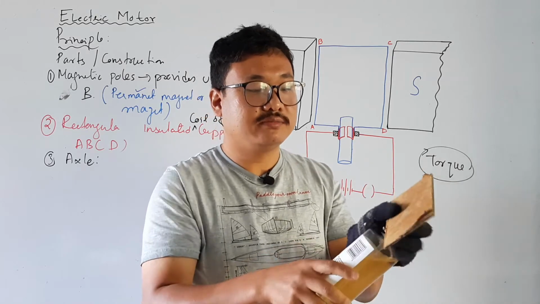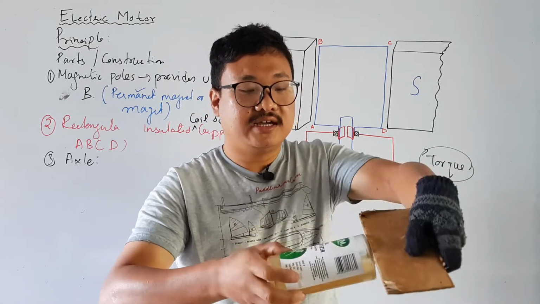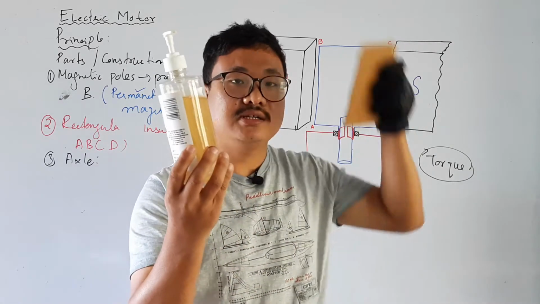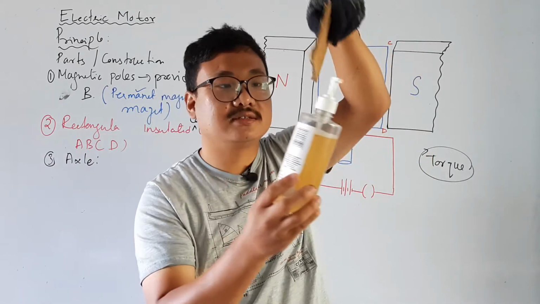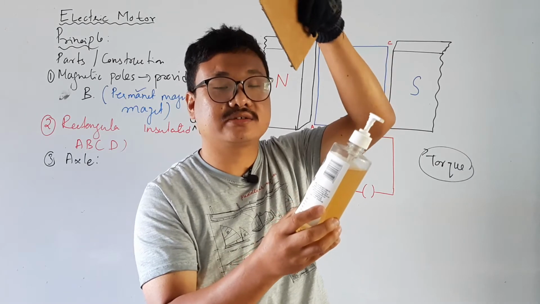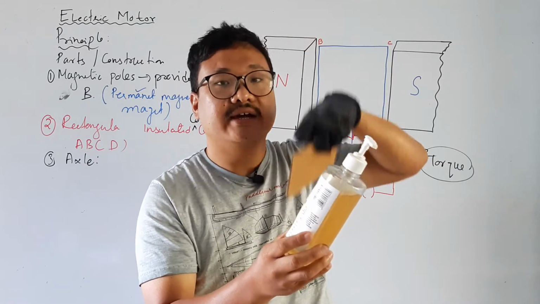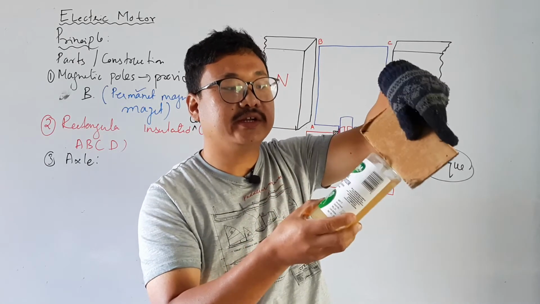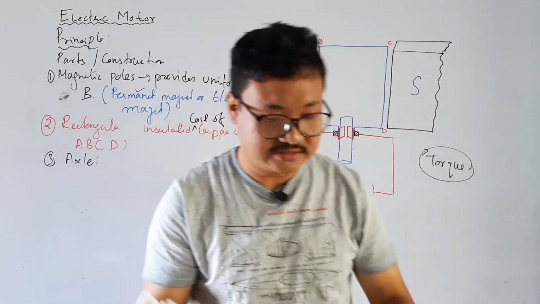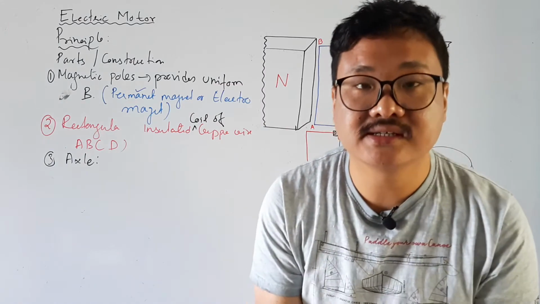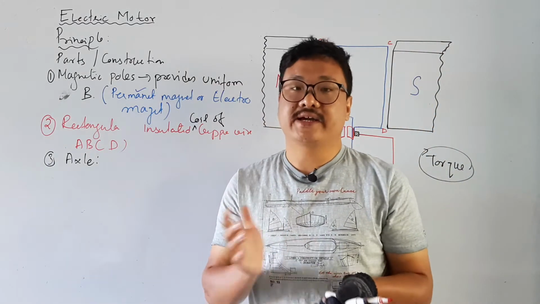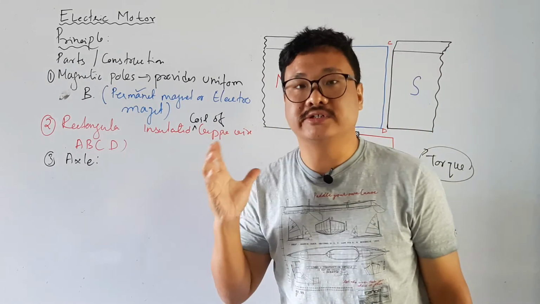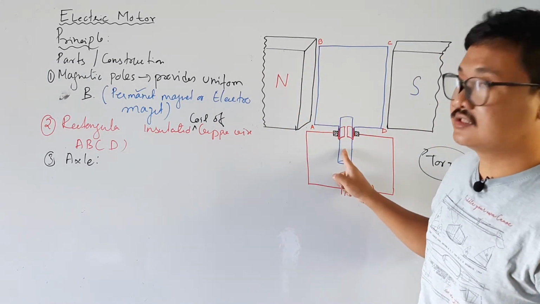Whenever I do, it can be rotated like this very freely. This coil is mechanically connected with the axle, and this axle is free to rotate like this. Okay, so this is done. What is axle? It gives the mechanical support to the rectangular coil, and it is free to rotate. So axle is done.